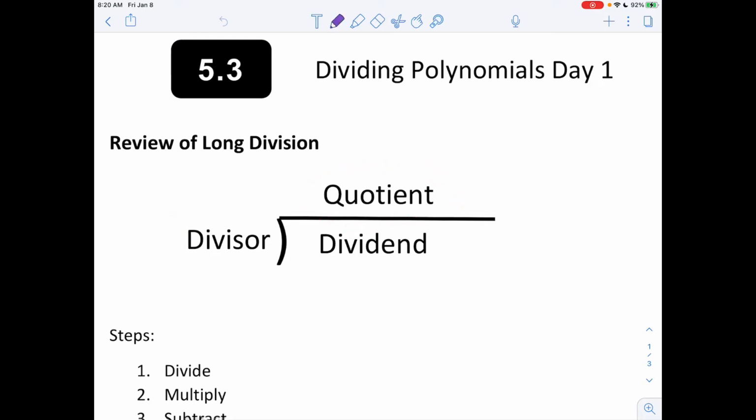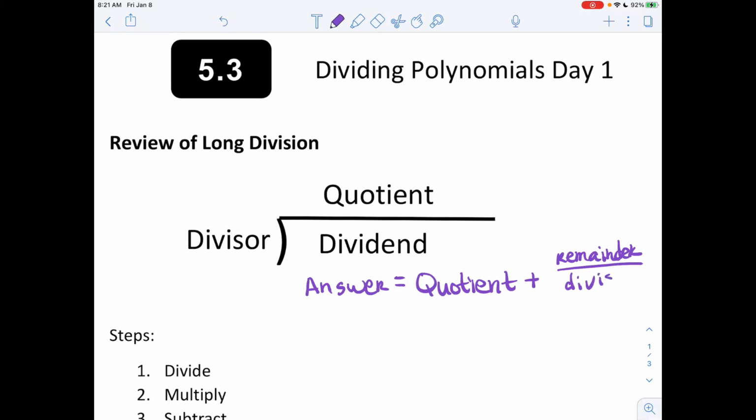Okay? And if we have a remainder, if it doesn't divide evenly, then our answer can be written as the quotient plus the remainder over the divisor. This is what you learned when you learned how to write your long division answers with a fraction.